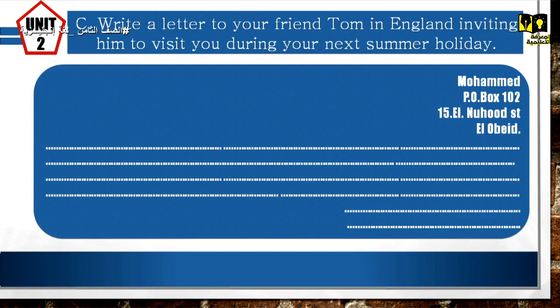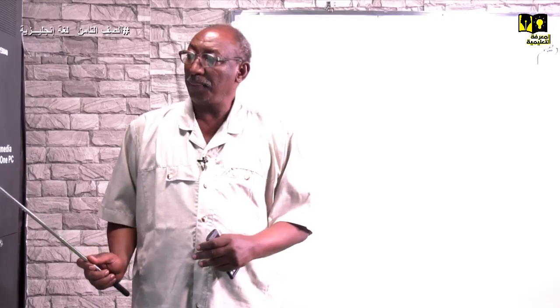And when you write a letter to a friend, you have an idea about the format, the shape of a letter. On the top right corner, imagine that you are Muhammad, right? Here you write your address on the top right corner. For example, Muhammad Ali, and P.O. Box.